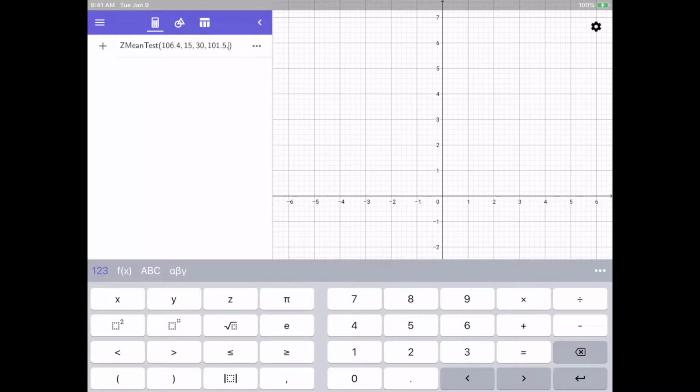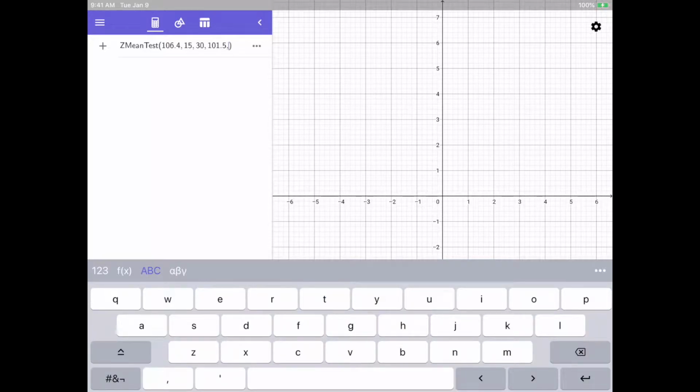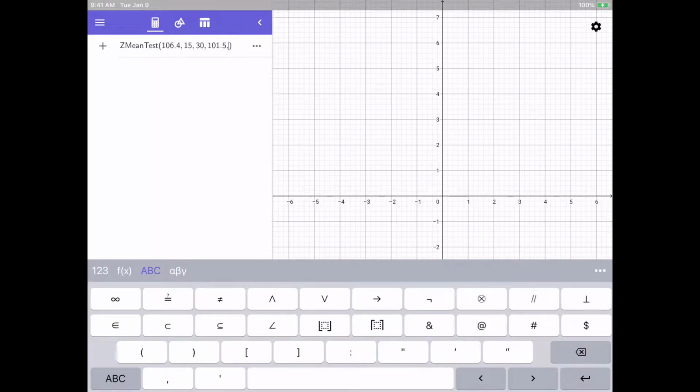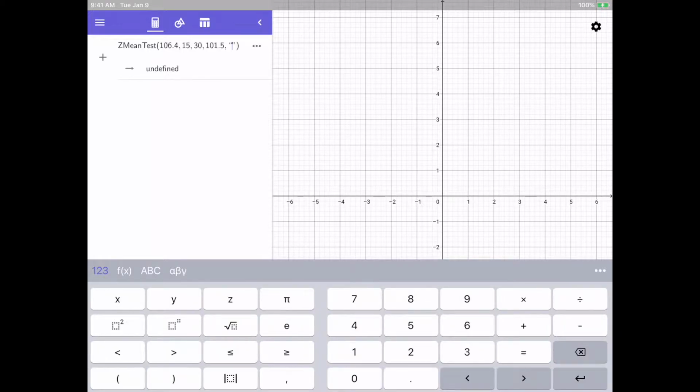And at the top here, you have this ABC. We're going to click on that. This symbol down in the bottom left corner will get me to my quotation marks. We then can go back to the 1, 2, 3 to enter the greater than symbol and enter.